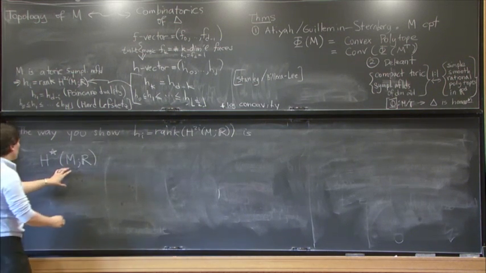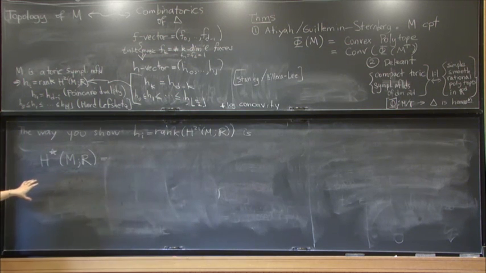You show that this cohomology ring is the face ring of the polytope.